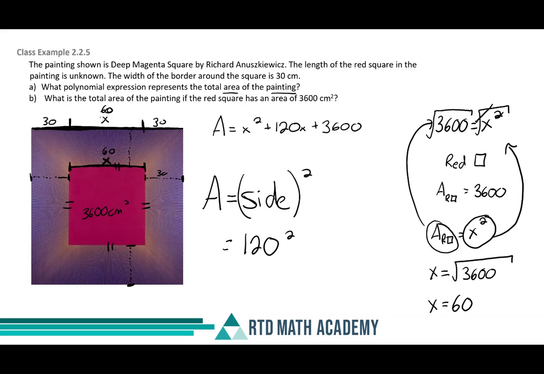Now I'll remind you, I'm just adding 60 plus 30 plus 30. And so if I square 120, I'm going to go ahead and get 14,400 centimeters squared as the total area of the painting.